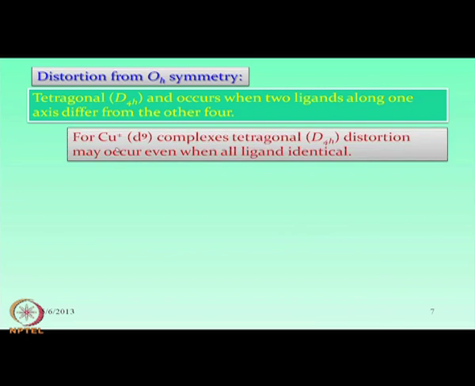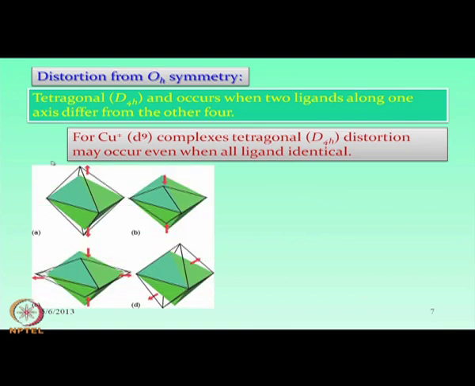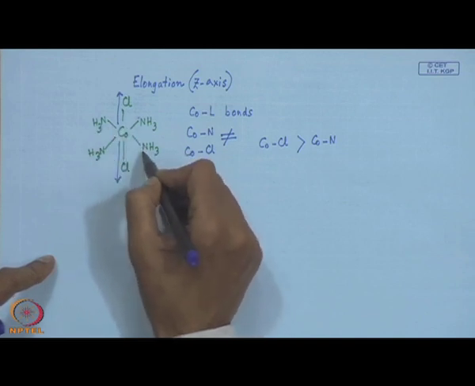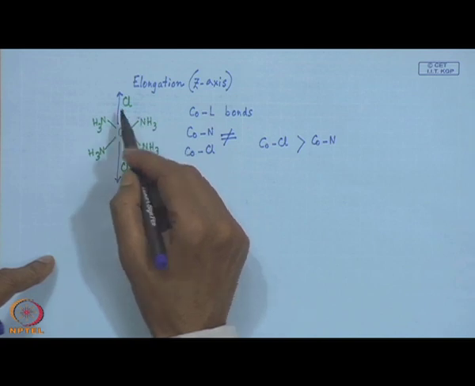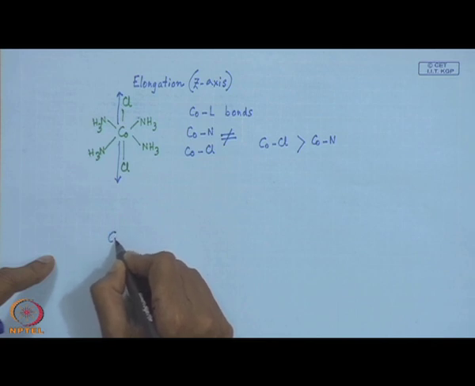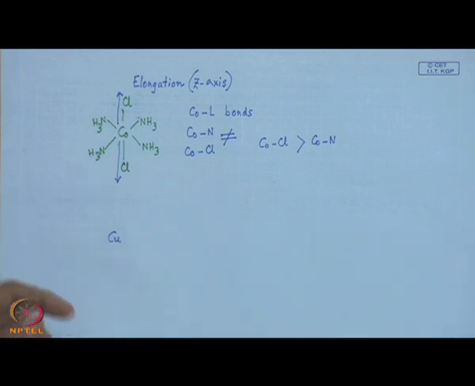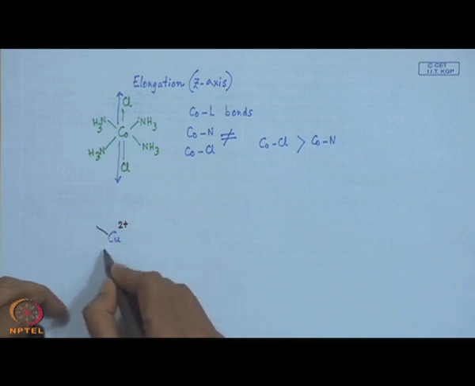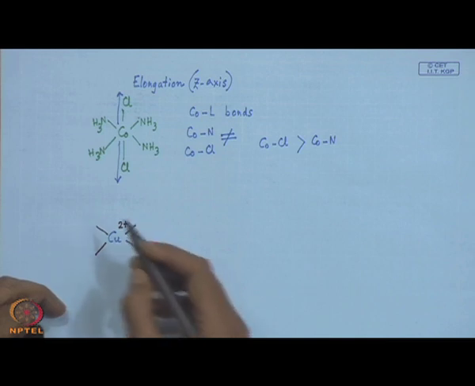In case of copper also, in the 2+ oxidation state, which is a 3D9 situation, tetragonal distortions may occur even when all ligands are identical. That means the Jahn-Teller distortion is operating there. So, this is the first situation we have seen: elongation either through different types of ligand coordination, like cobalt bound to NH3 and Cl, or copper 2+ with 3D9 configuration.